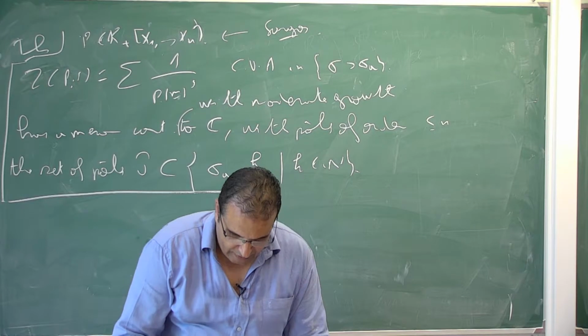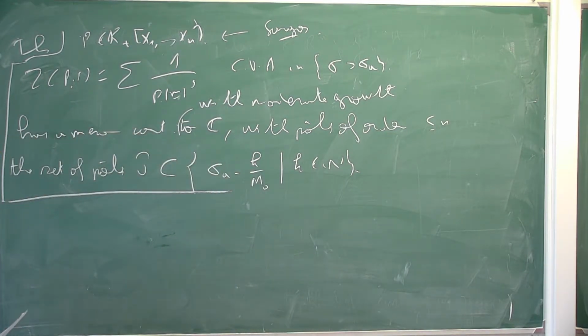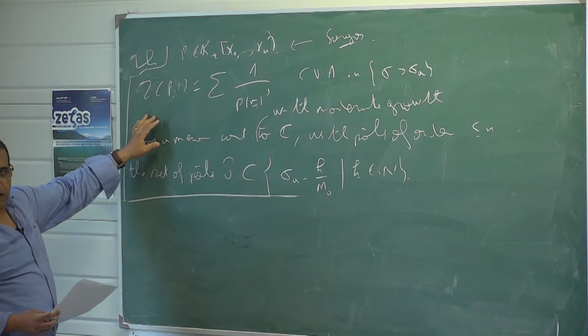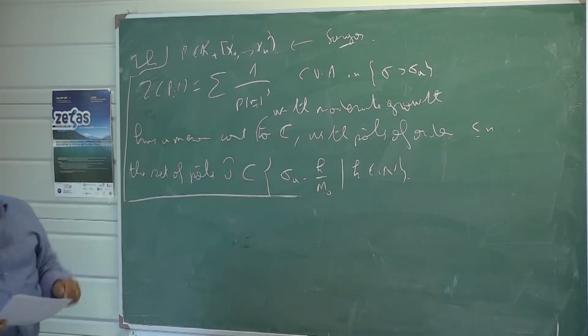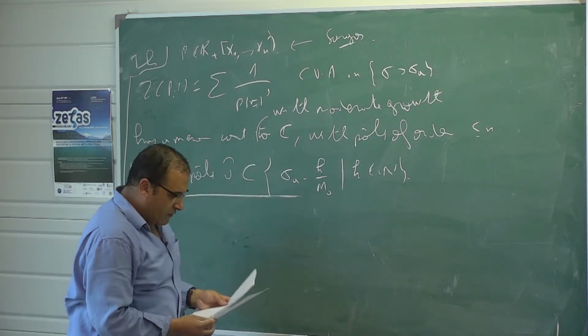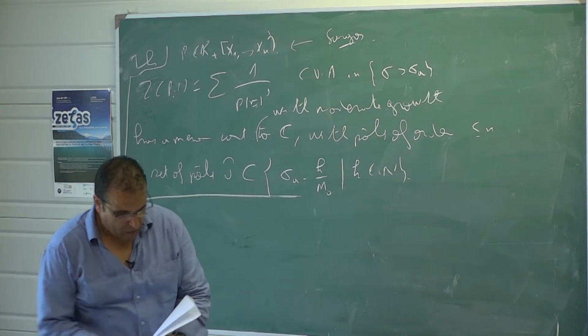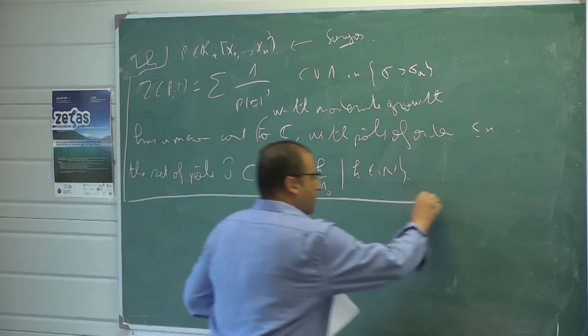So to prove this theorem, we have just to represent this series by an integral, and for the integral we have the result. To prove this result we have just to use this formula.